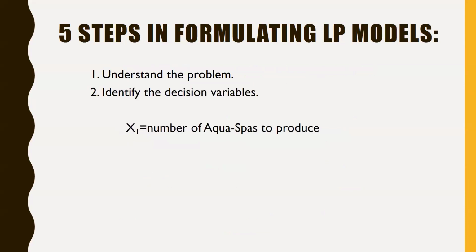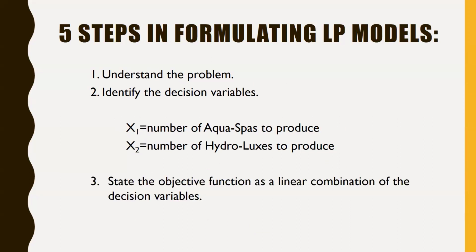What if we would like to design it? X1 is the number of apostrophes to produce, X2 is the number of hydraulics to produce. The objective function, we would like to optimize the profit. X1, the number of apostrophes, and the profit from each is 350, so X1 multiplied by 350, because $350 is per piece. Plus X2, the number of hydraulics, multiplied by $300 per piece.